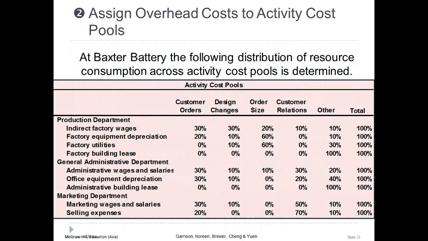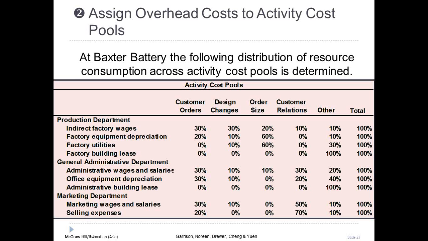Baxter Battery's cross-functional interviews resulted in resource allocations as shown in this slide. Notice, for example, that the indirect factory workers allocated 30% of their time to the customer orders activity, 30% of their time to the design changes activity, 20% to the order size activity, 10% to customer relations, and 10% to the other activity.